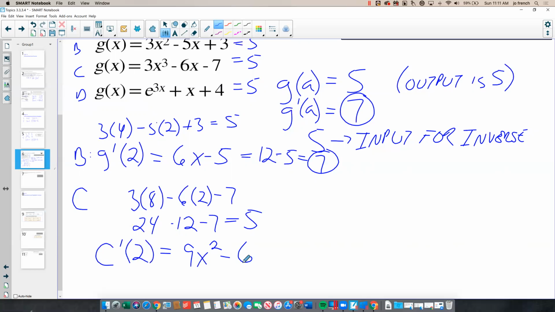So if we put 2 in there, we get 9 times 4, which is 36, minus 6. So that's 30. And that is definitely not 7. So you can see how we are able to find our magic equation because we knew that the output had to be 5, and then the derivative at whatever input created that output had to be equal to 7.